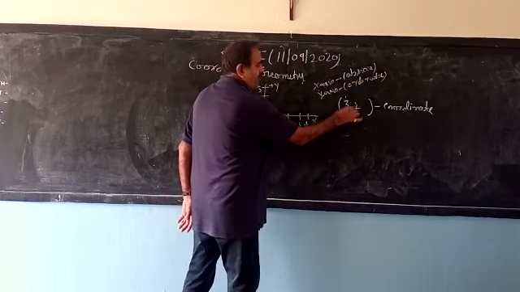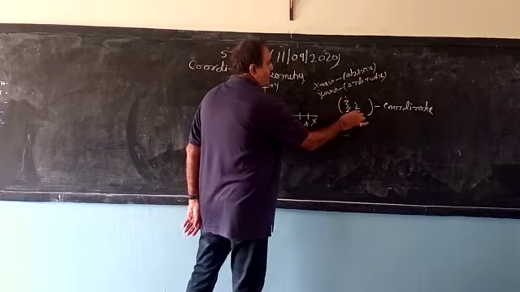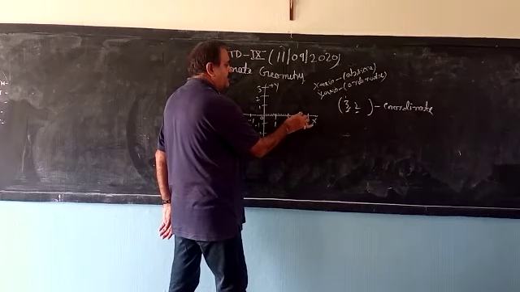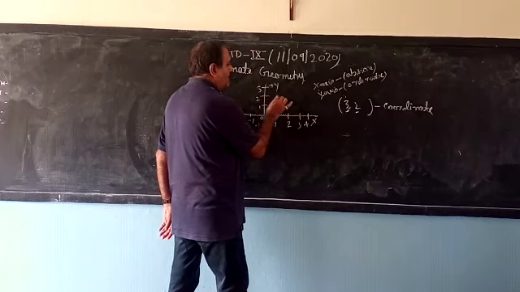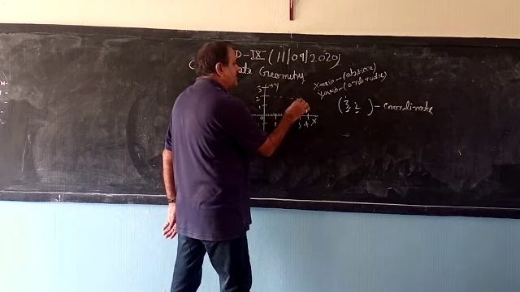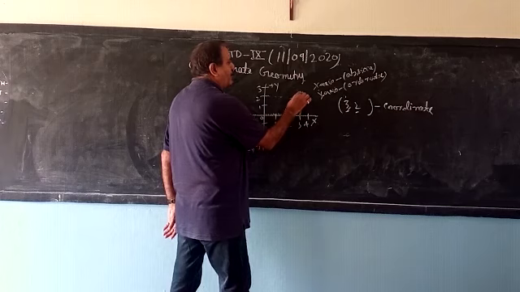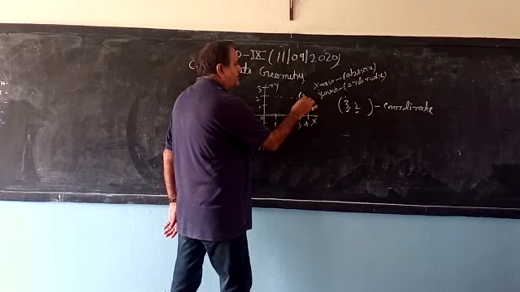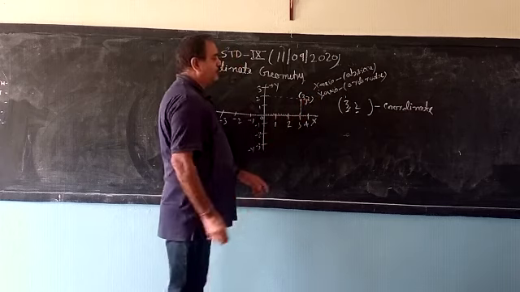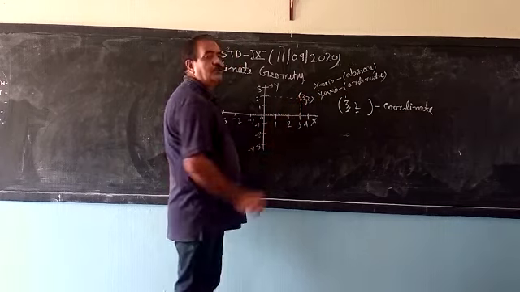The first point is the x-axis, the second the y-axis. This is 3 on the x-axis, and this is 2 on the y-axis. The intersecting point is the coordinate (3, 2).